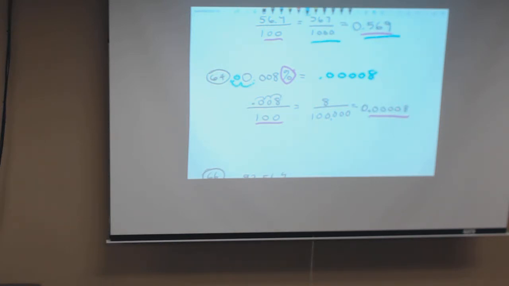Because see, my decimal point was here, so I had 8 thousandths of a percent. That's 8 thousandths of 100th.